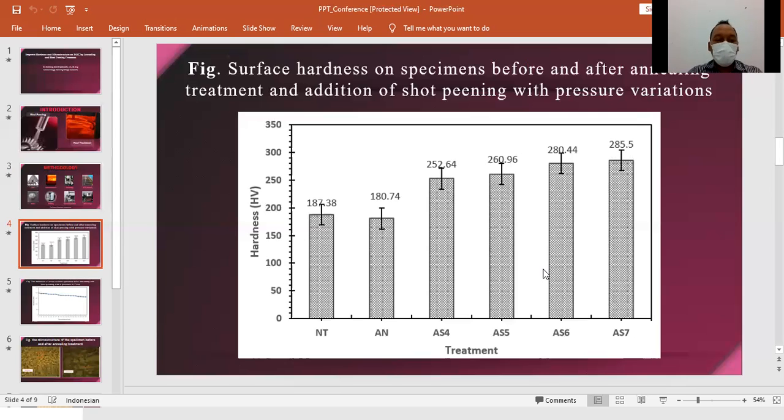The hardness value shows an increase in hardness of 1.58% from annealing alone. The increase in hardness in S45C carbon steel is due to the high dislocation density in the microstructure in the sublayer of the shot peening surface.